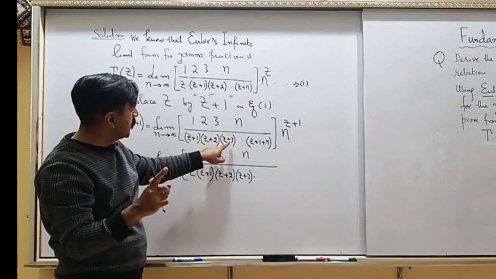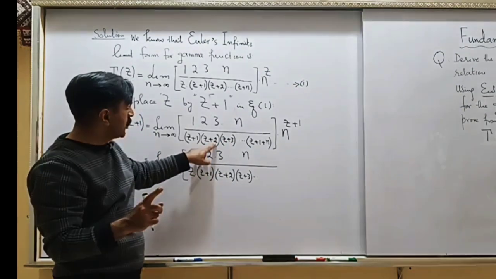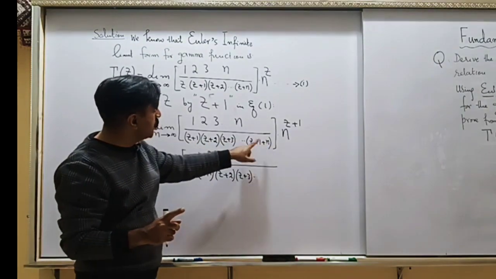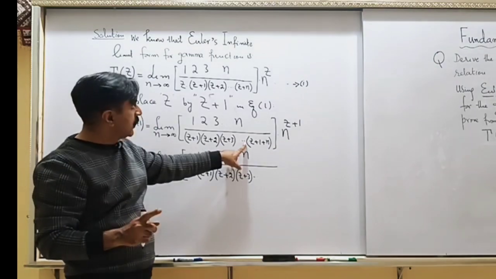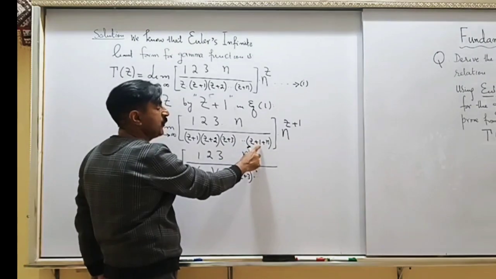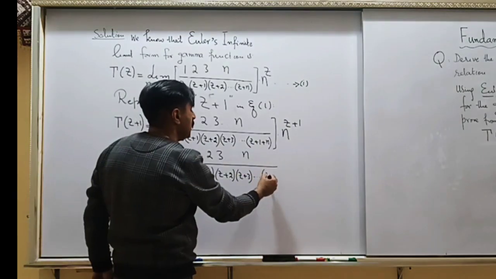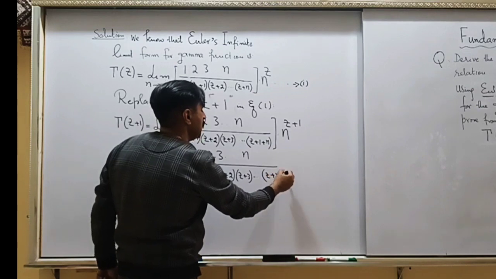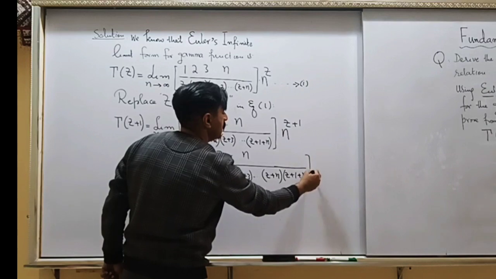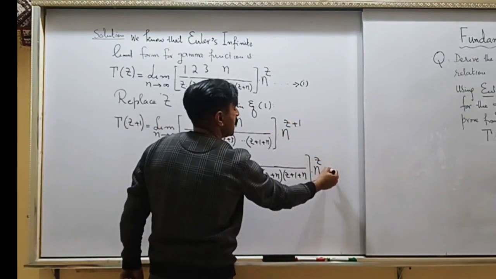So 1 is subtracted from this factor to get z plus 2, since 3 minus 1 is 2. Subtracting 1 again gives you z plus 1. So from this factor, the previous factor is obtained by subtracting 1 from it. So here is z plus n and z plus 1 plus n, and n to the power z and n to the power 1.